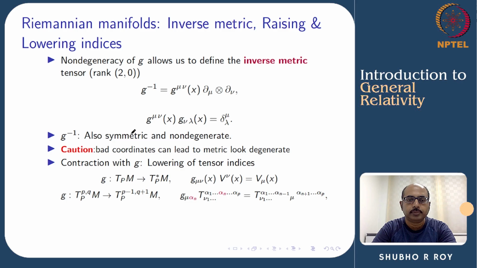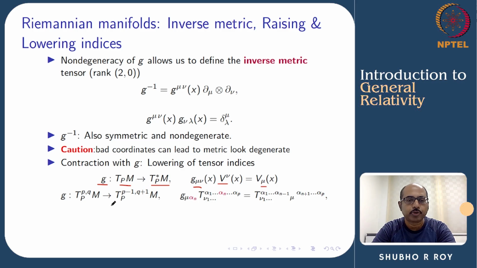All right, contraction with G, a lowering of tensor indices. I think you have some idea of this from special relativity. Here, just like in special relativity, the metric will convert a vector into a covector, or a one-form, and it is given by this formula. If you contract g_mu nu with this vector component, then you get something which has a lower index, so this is a component of a one-form.